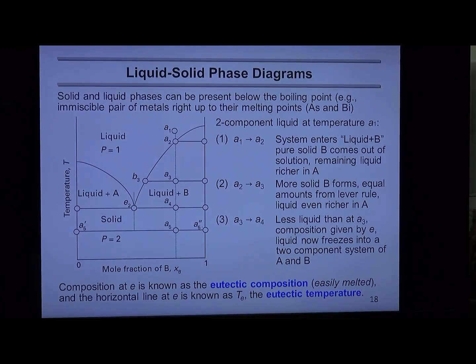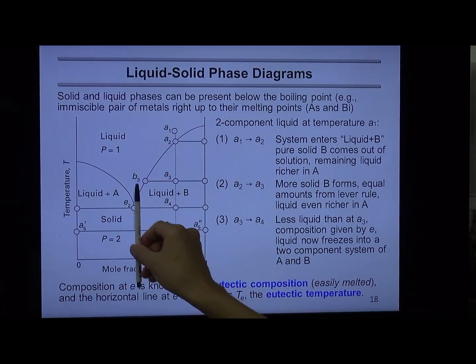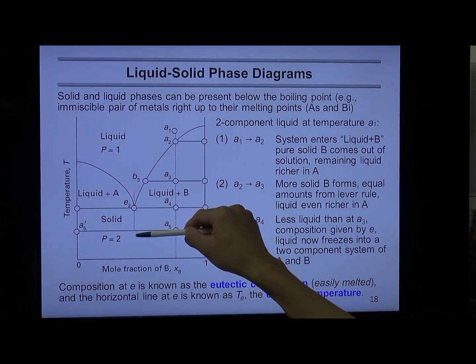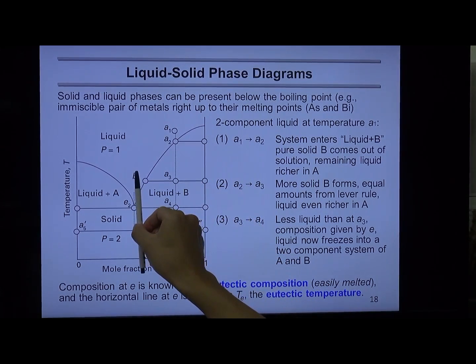For the liquid-vapor phase transition at an azeotropic composition, if you remember, there was no change of composition between liquid and vapor. Similarly here, at this composition, liquid basically freezes into solid without changing composition, right?